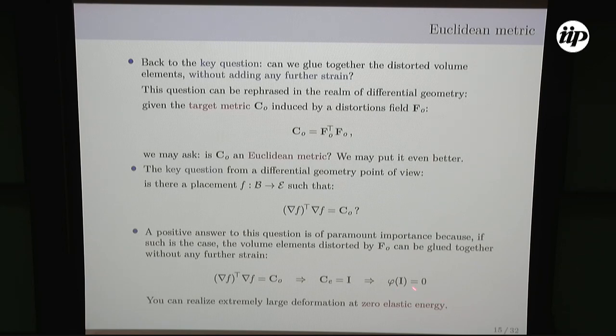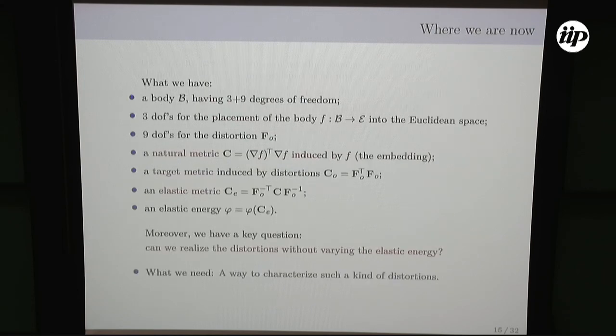So it is a ground state. So playing with distortion, you can induce a very large morphing. You can change the shape of a body very much, and the elastic energy stays constant at 0. It does not change.